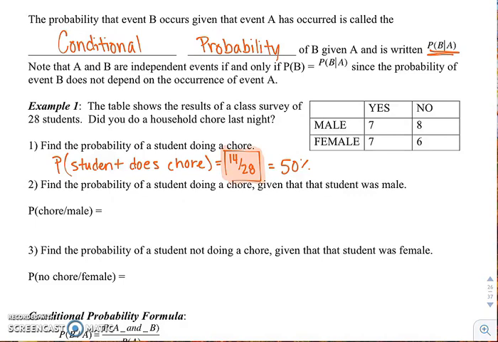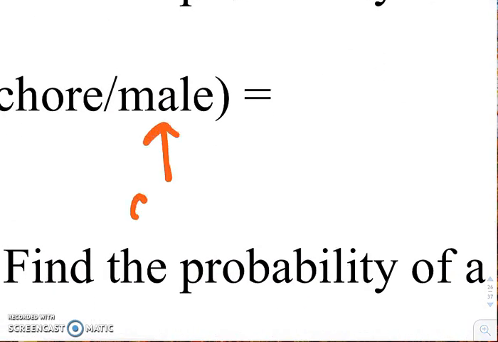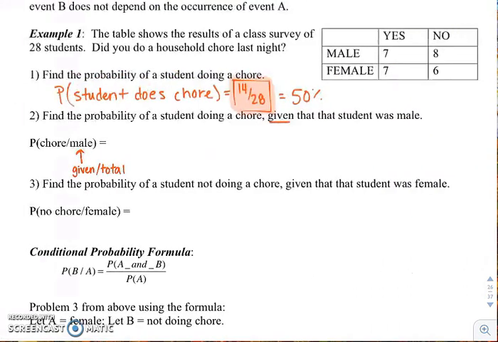Okay. So number 2, that was not a conditional probability example, but number 2, it says find the probability of a student doing a chore given that the student was a male. So it has it written out here. Probability that a student does a chore given that they are male. So the given is the total that we are using.